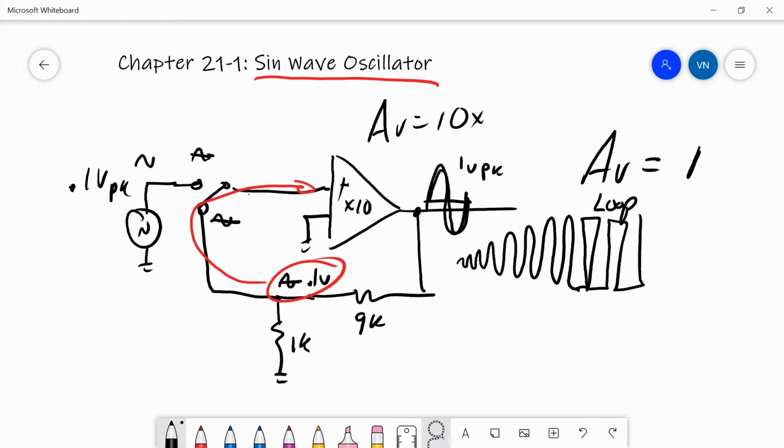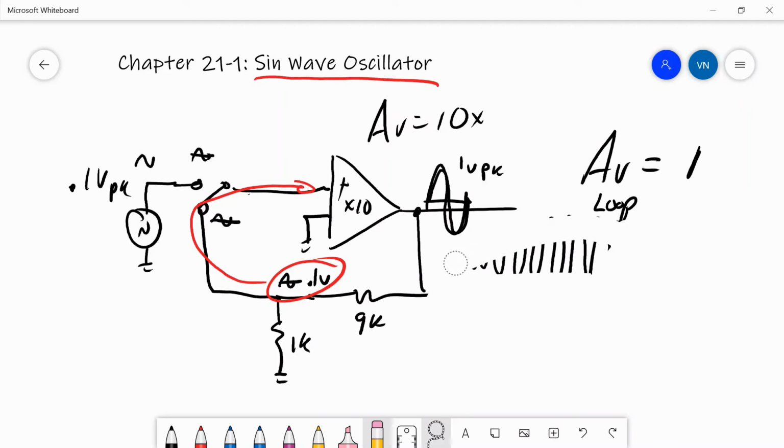If the loop gain is too small, then the output will get smaller and smaller until the oscillation dies out. But if you have a loop gain of exactly 1, then you will get a continuously running oscillation that feeds itself.